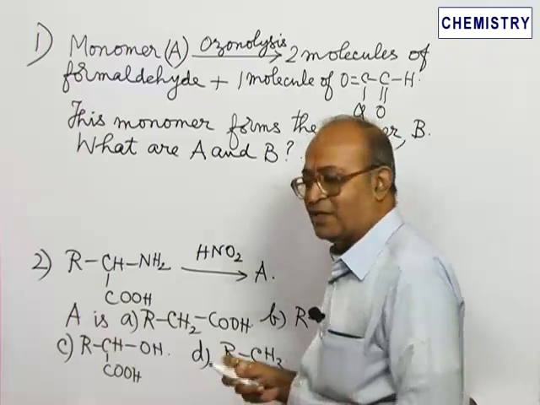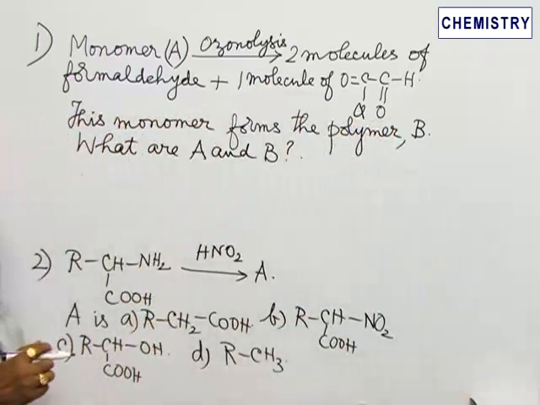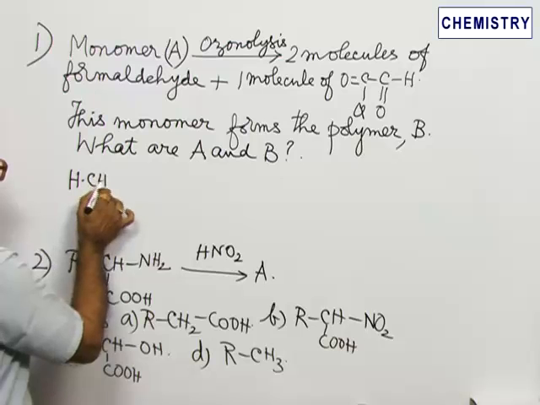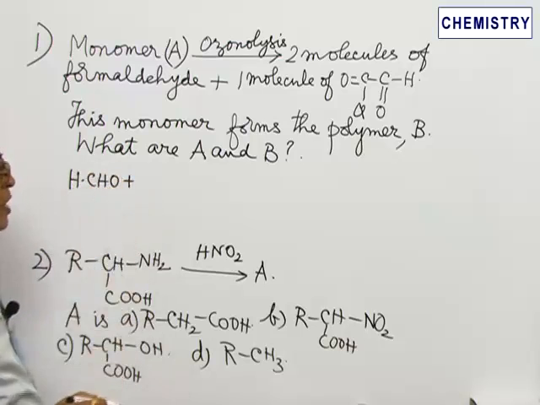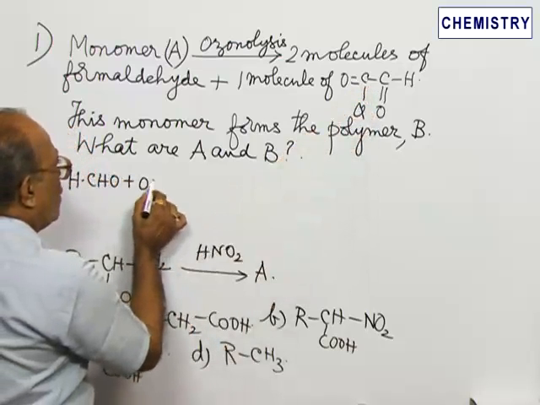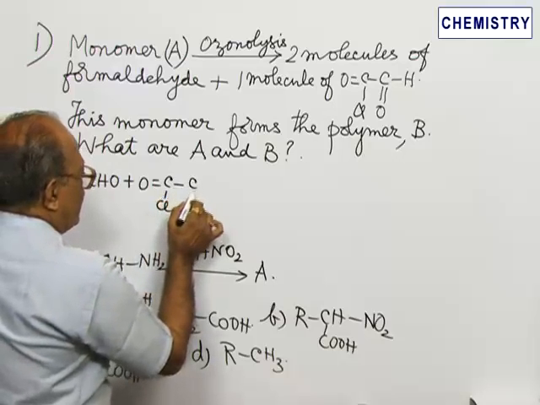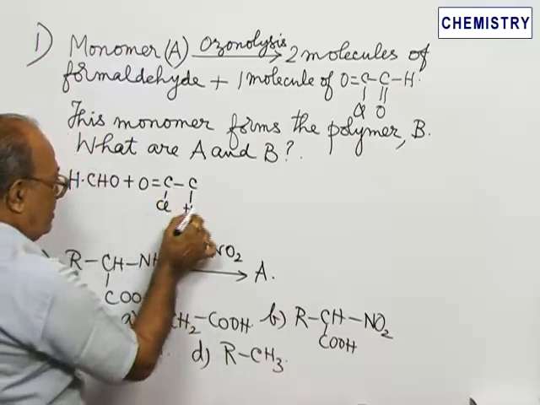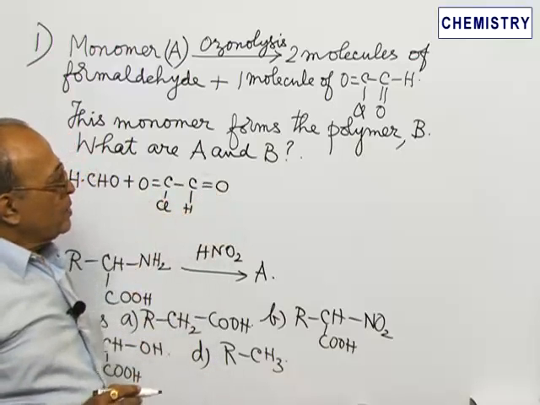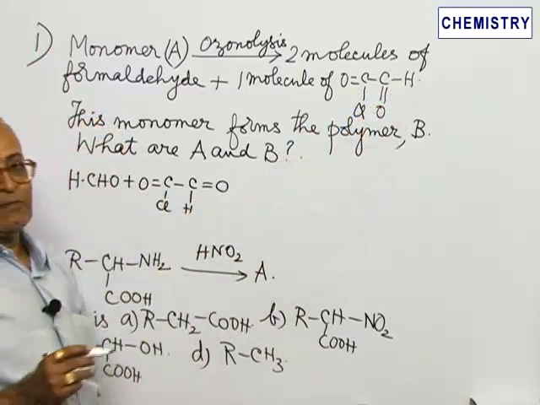Now, let us write the products. 2 molecules of formaldehyde, HCHO plus I write this product, OCCl C, I write like this. I bring the 2 double bonds like this in the linear fashion.